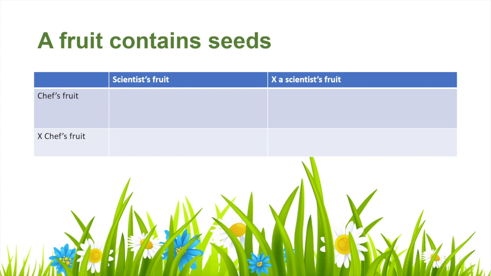A not chef's fruit is something that you wouldn't necessarily want to have with custard. A scientist's fruit will contain seeds. If it doesn't contain seeds, often it wouldn't be considered to be a fruit.